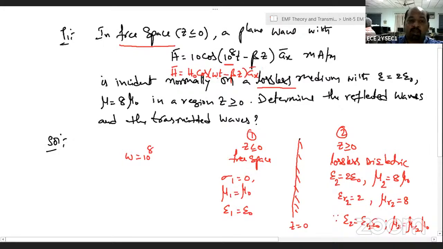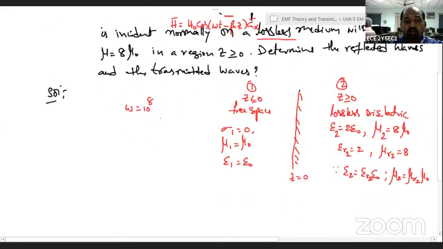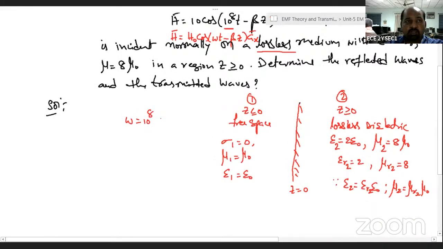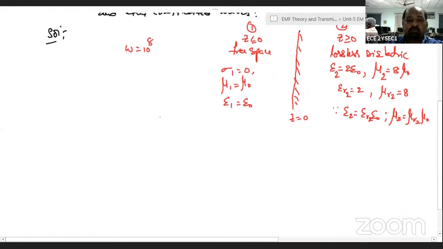So therefore omega is 10 power 8. This is the available data we have regarding the problem. So from this, let us try to do the problem.